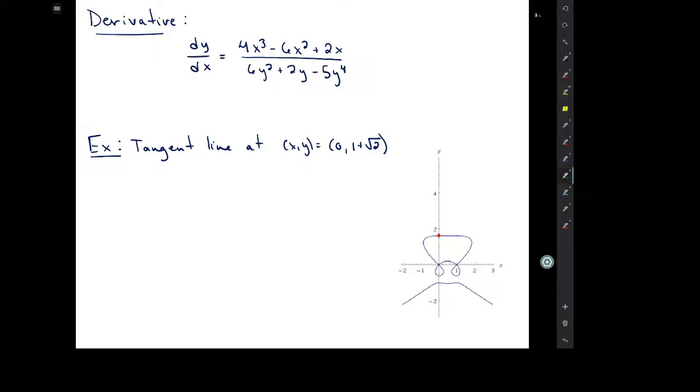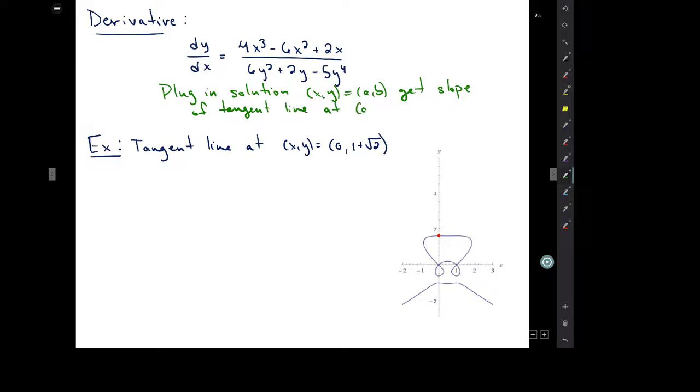When we plug in a solution, x comma y equals (a, b), we get the slope of the tangent line at that point. The same as we did before with derivatives, except now we don't just have one coordinate, we have two coordinates.